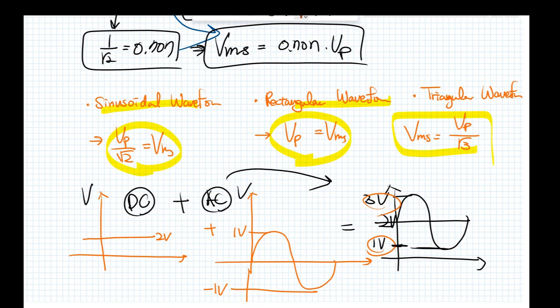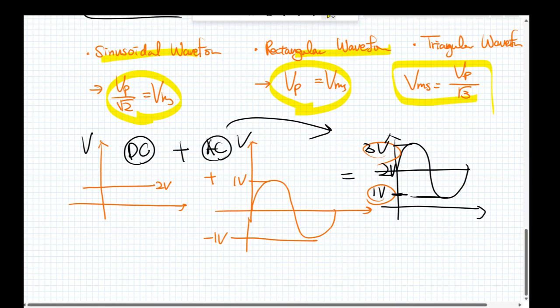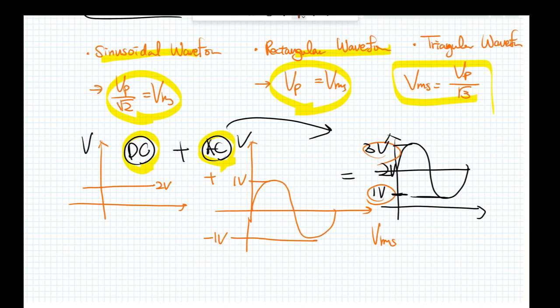So for this case, for AC plus DC, V sub RMS is the square root of V sub DC squared plus V sub RMS squared.